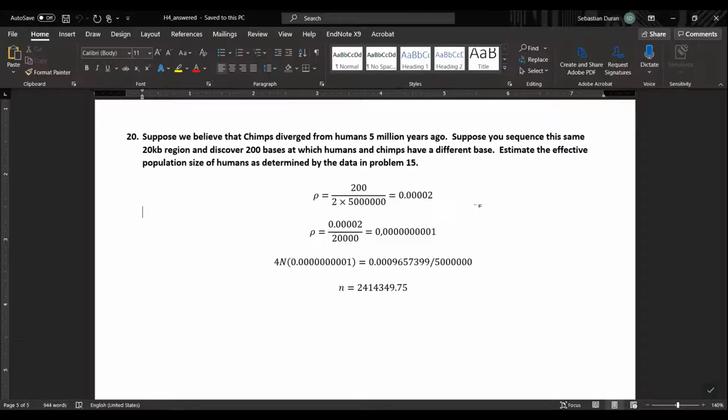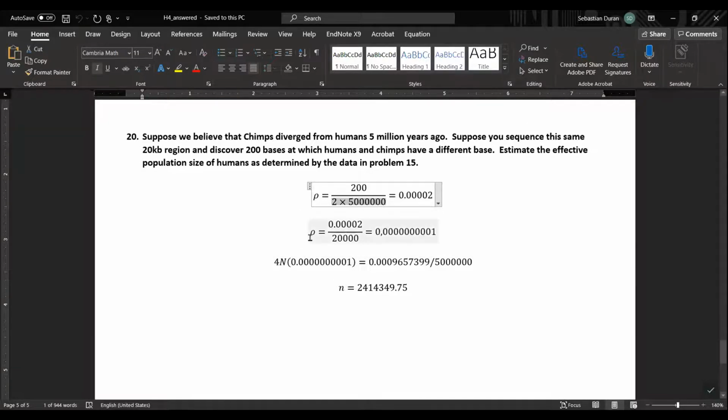For this, I use the equation that's on page 32, which is rho equals the number of nucleotides they differ, and I divided it by this factor given by the time to get a new generation for humans. And what would I call that number right here?